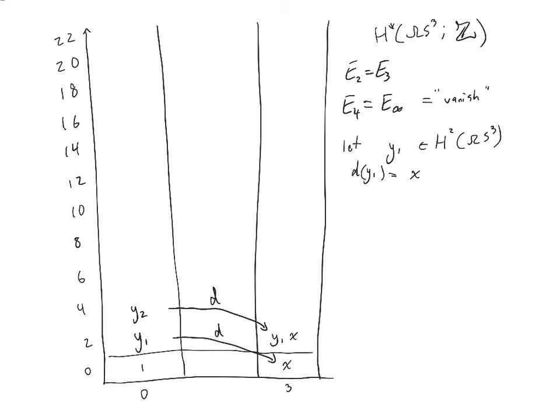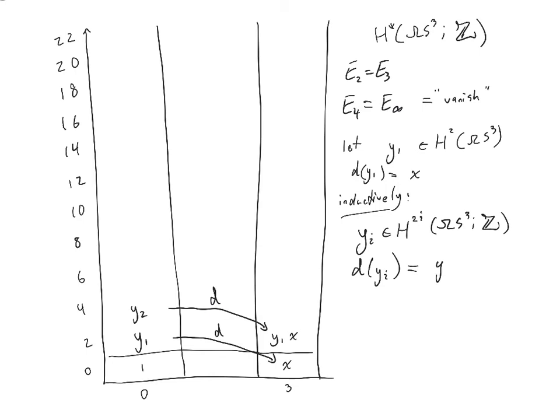So let's now define yi as living in H2i of loops S3 with integer coefficients such that d of yi is yi minus 1 times x, which we know is a generator in the right column.